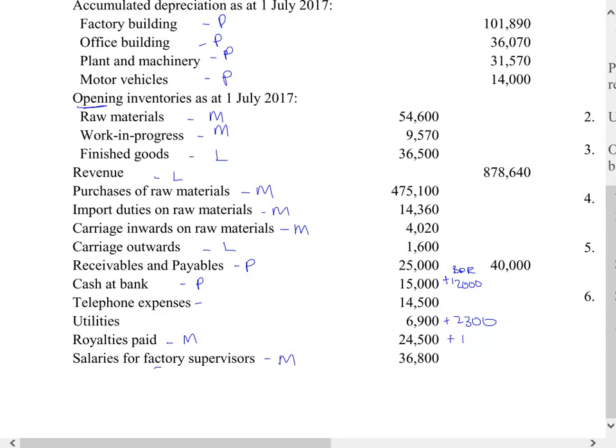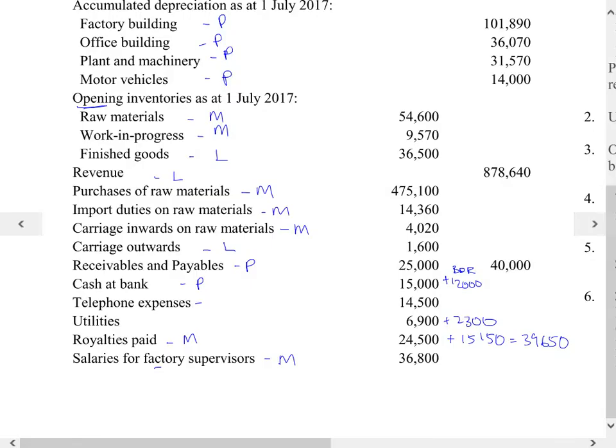I need to accrue 15,150 to get 39,650. They say the amount I should pay is 39. However, I only paid 24. I need to accrue the balance. Okay. This one will appear in your liability accrual.